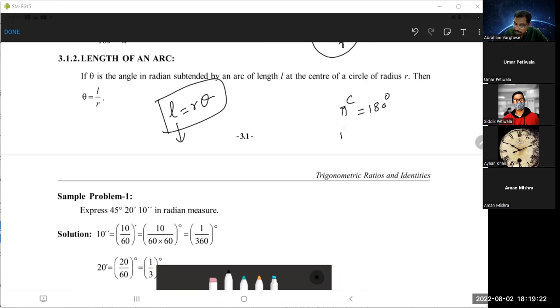Therefore, 1 radian will be equal to 180 degree divided by pi. 1 degree will be equal to pi by 180 radian.